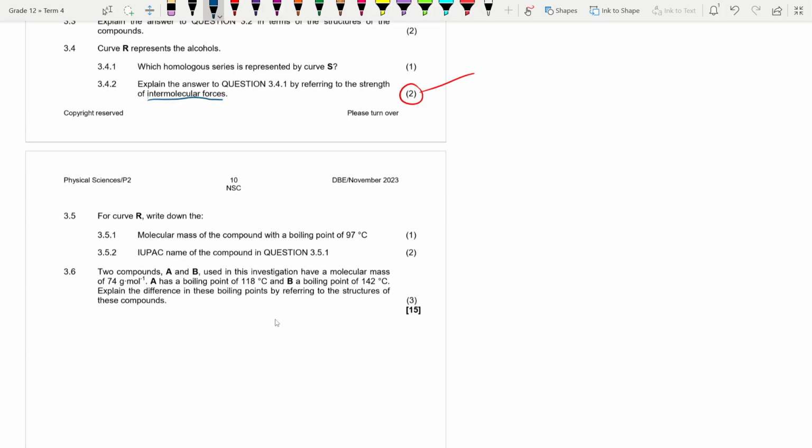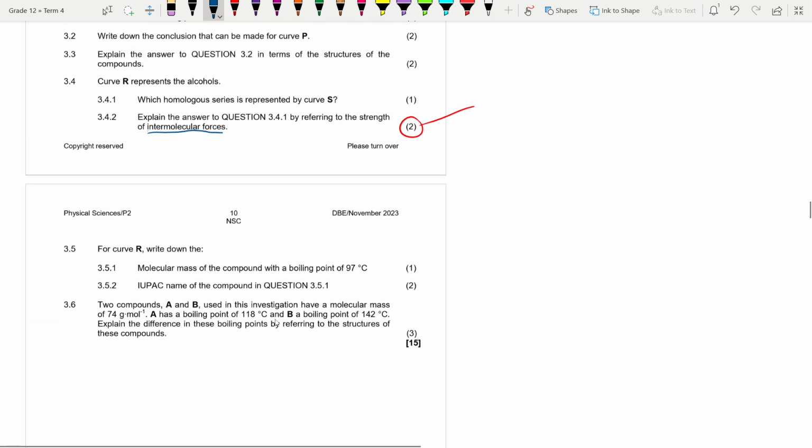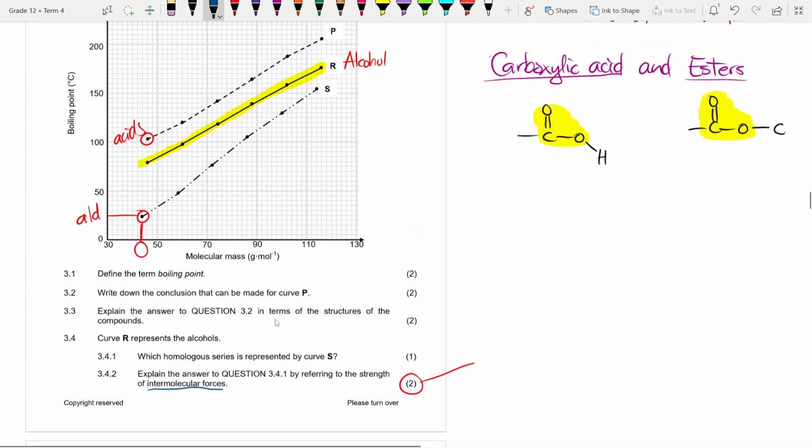Then 3.5 says for curve R, write down the molecular mass of the compound with a boiling point of 97. And that could be useful for our answer in 3.5.2. So we'll answer that one first. We'll look at the boiling point of 97 on curve R, right? So 97 will be, let's see, this is 50.